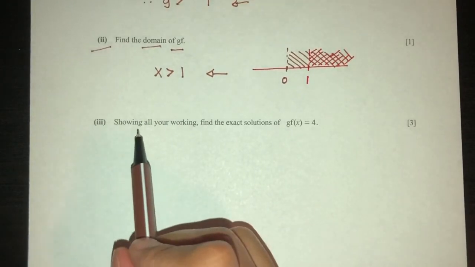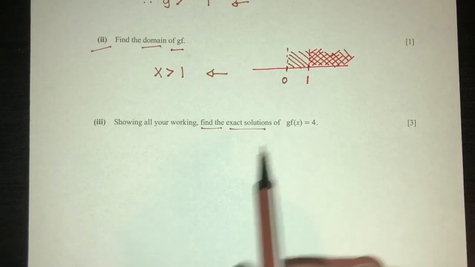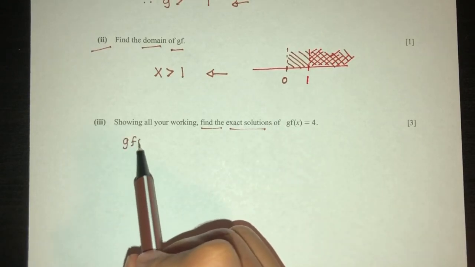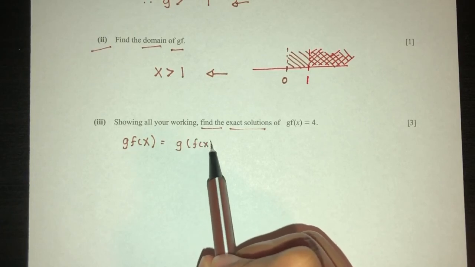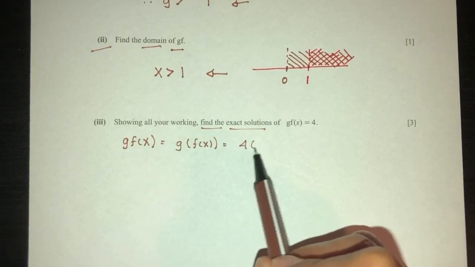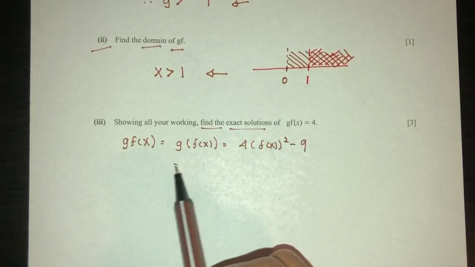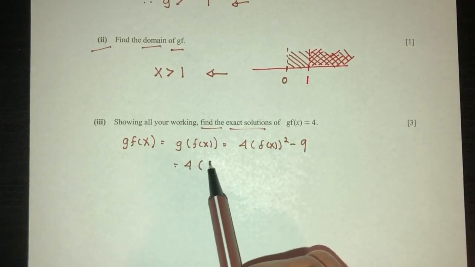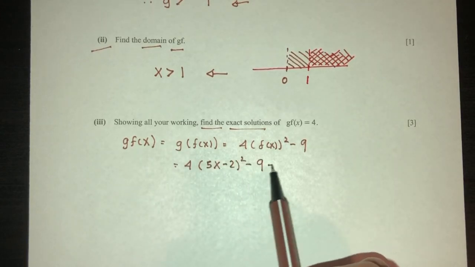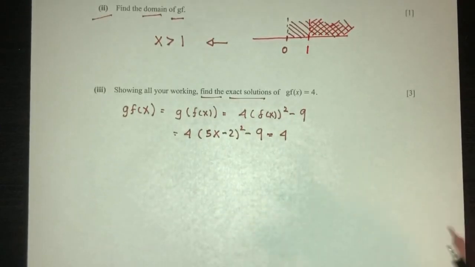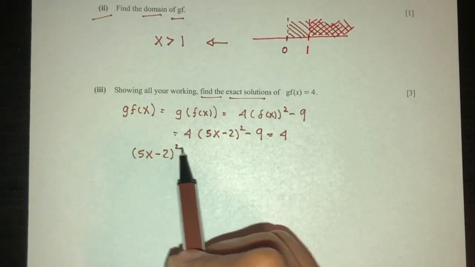Now for part 3, show all your working, find the exact solutions of this. So let's find that. So first we have g of x is g of f of x. That is equal to 4 f of x squared minus 9. That is 4 times 5x minus 2 squared minus 9 is equal to 4. So simplify, you will have 5x minus 2 squared.